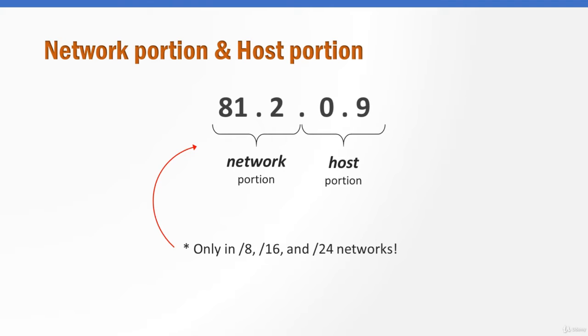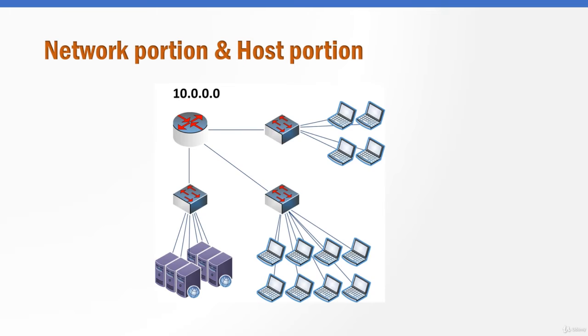Okay, now let's talk about the reason to split an IP address into 2 parts. Here we have a small network, 1 router and 3 switches. For the purposes of this example, this server farm or a small data center really is just a small network where we have 6 devices that require each 1 IP address at minimum.